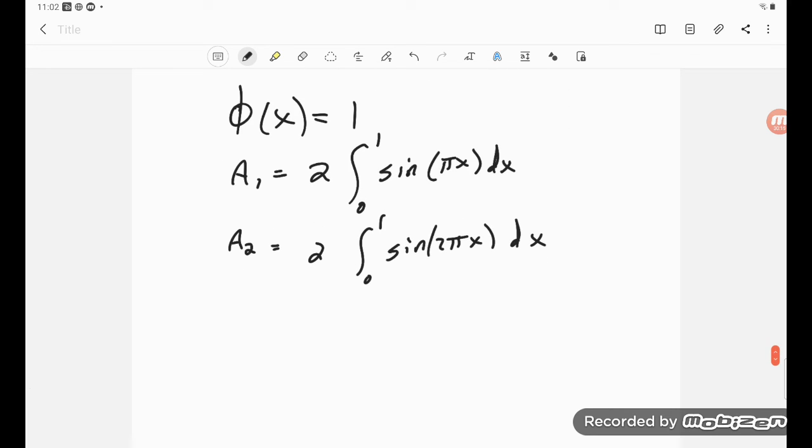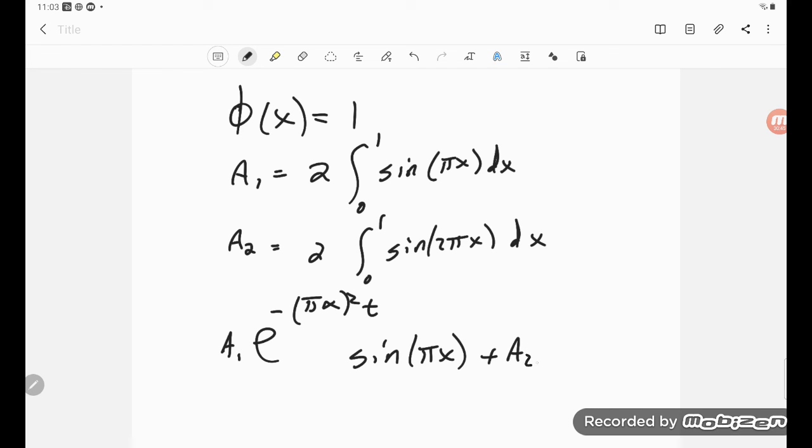And so you would have this a sub 1 times e to the minus pi alpha squared t, because we haven't been told what alpha is, and then sine of pi x, and then plus a sub 2 and e to the minus 2 pi alpha squared t sine 2 pi x, right?